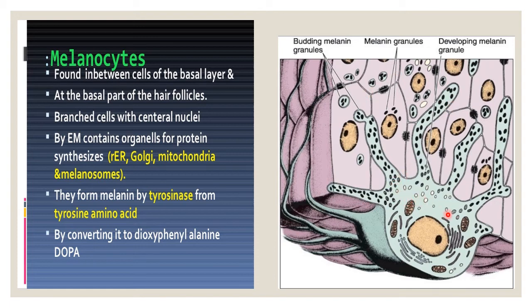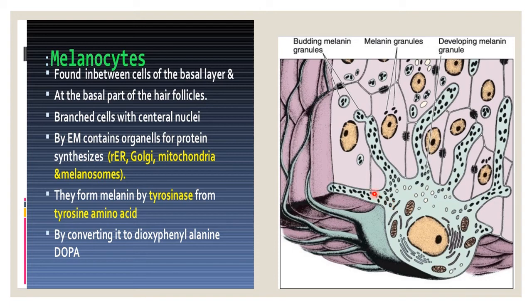They are responsible for forming the melanin pigments, with the help of the amino acid tyrosine in the presence of the enzyme tyrosinase. So the tyrosinase enzyme converts the amino acid into dihydroxyphenylalanine, and thus helps in the formation of the melanin pigment.